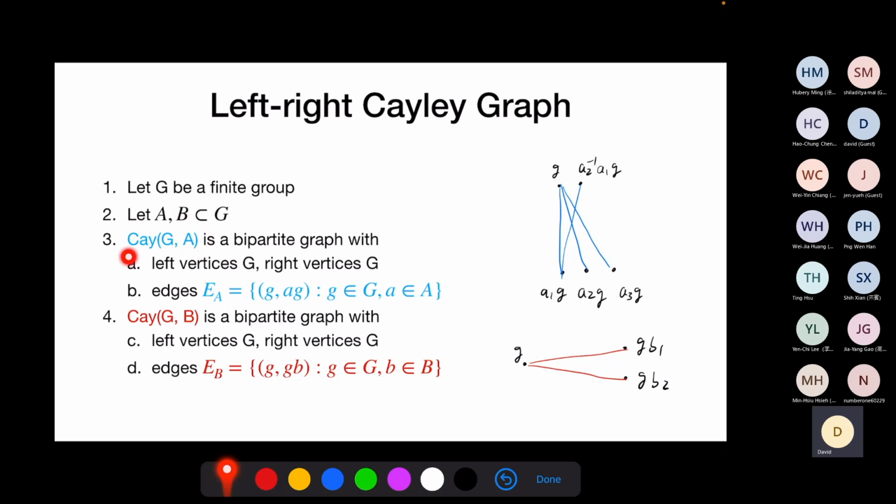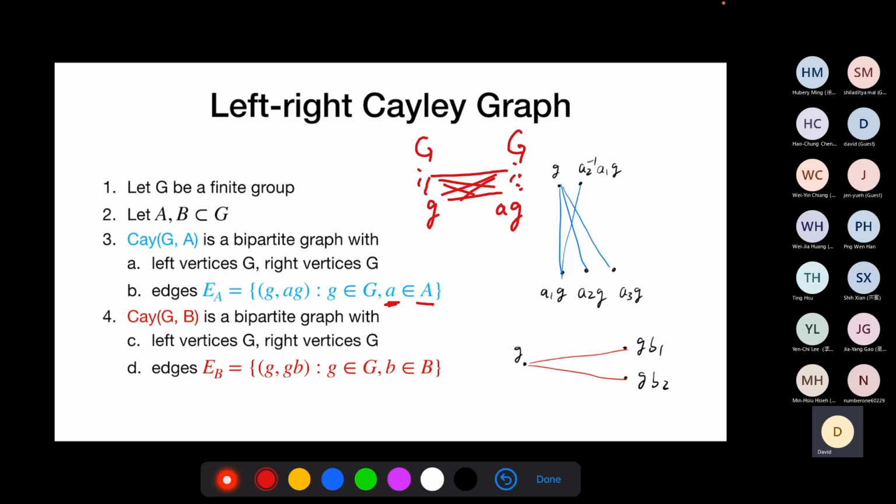It will be a bipartite graph. You have G vertices on the left and G vertices on the right, and the edges connect G and AG. When the elements differ by a factor inside A, we connect them. So this defines a graph.